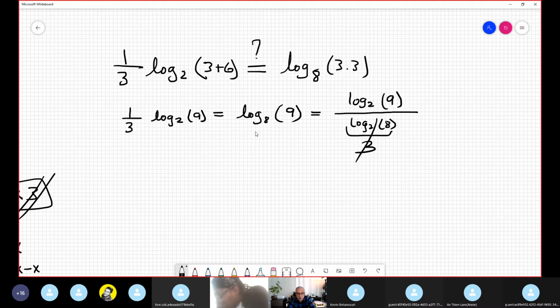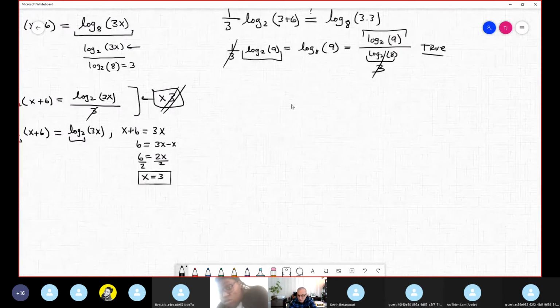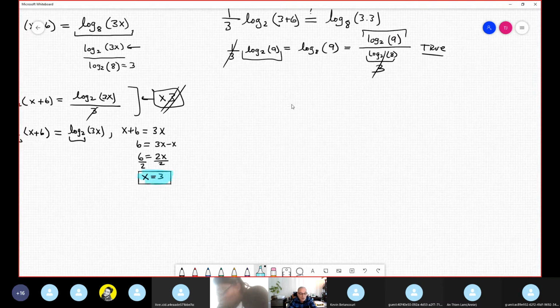And this 3 and this 3 cancel. And logarithm 2 of 9 is equal to logarithm 2 of 9. Super true statement. Therefore, the solution 3 is perfect. Super solution.